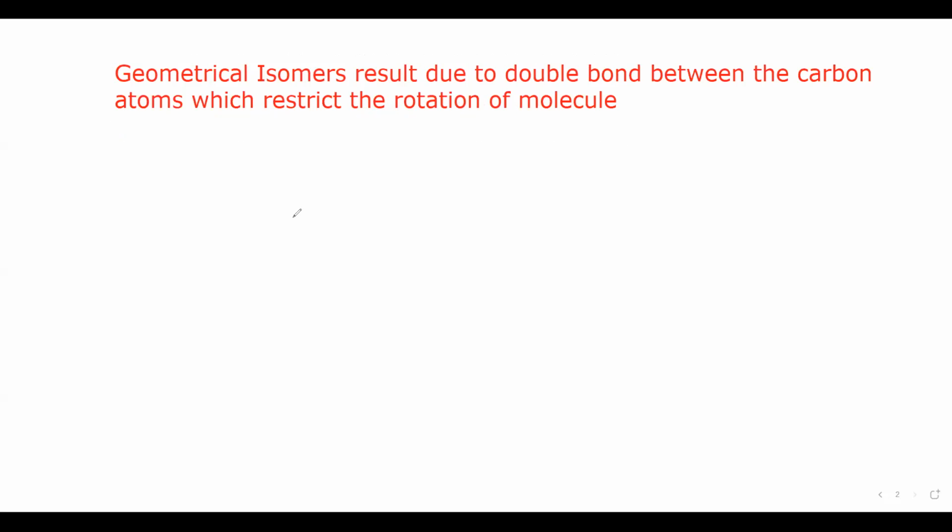So how does it restrict the rotation of the molecule? For example, this is C double bonded with C. Then the possibility is that one will be in, the other will be out. Same way, one will be in, the other will be out.